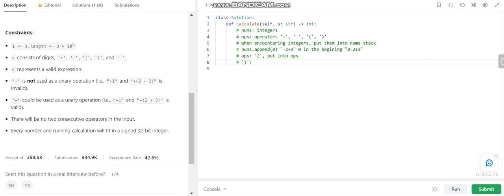At this time, I would like to calculate all of the integers between the open bracket and the closing bracket. So if we encounter something like this, and when we encounter this closing bracket, we would like to calculate 3 plus 5 all the way until the open bracket.